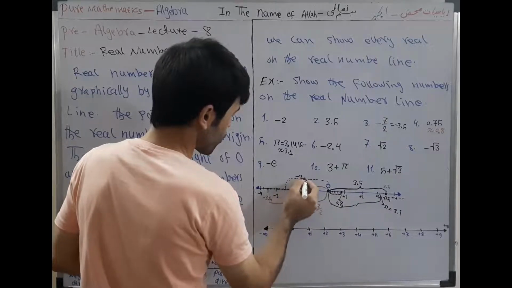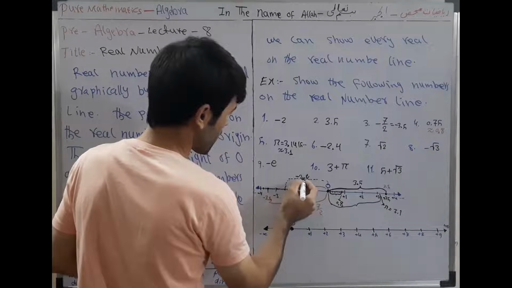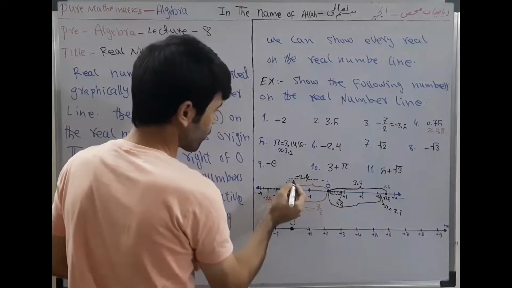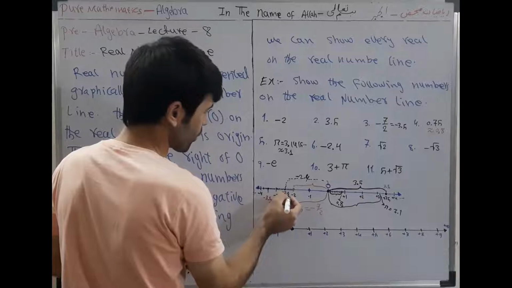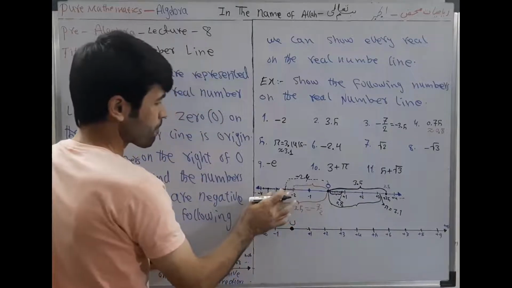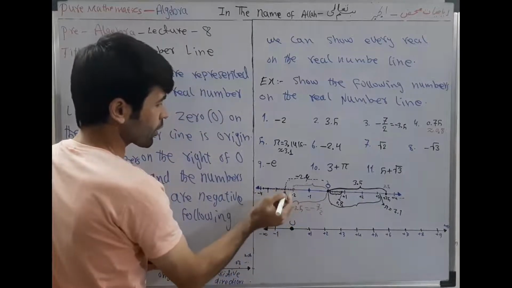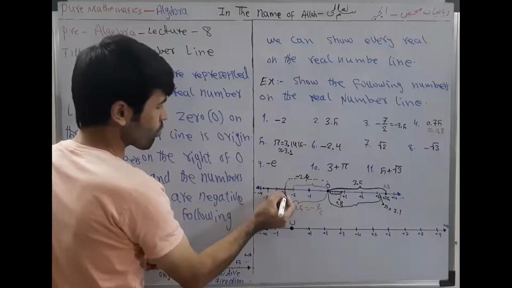Actually, the location of minus 2.4 is here.